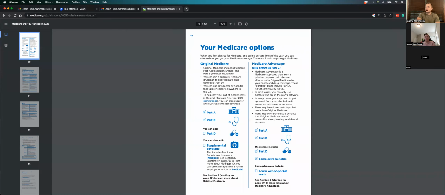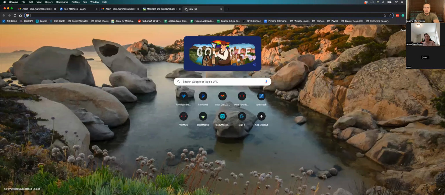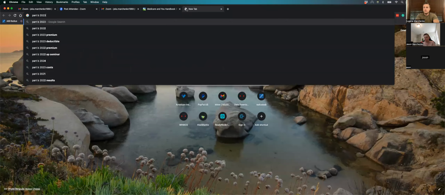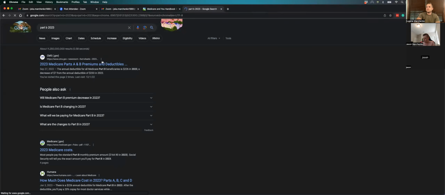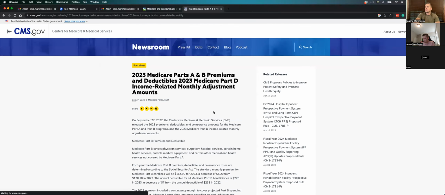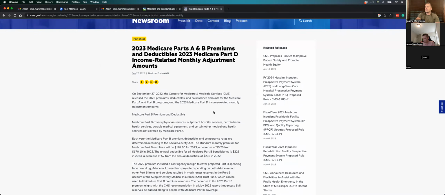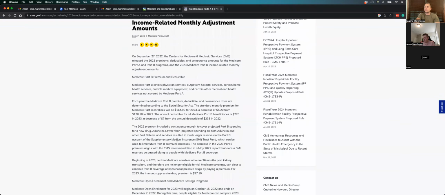Part B has a deductible. It's $233, excuse me. I was writing 2023. That Part B deductible changes every single year. This year it's $233, next year it could go up, it could go down. Part B also has a premium.